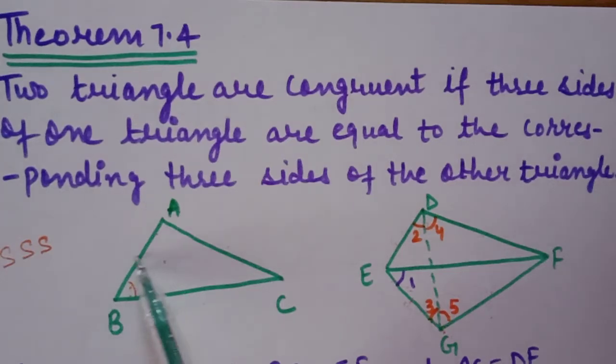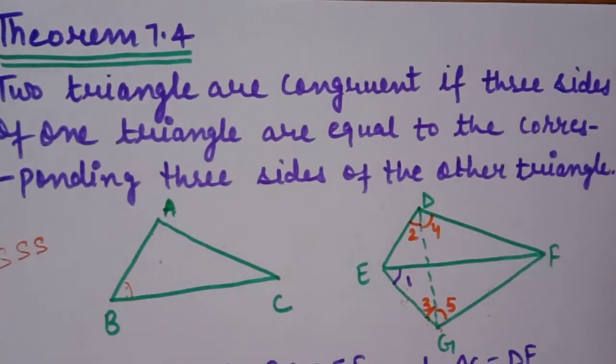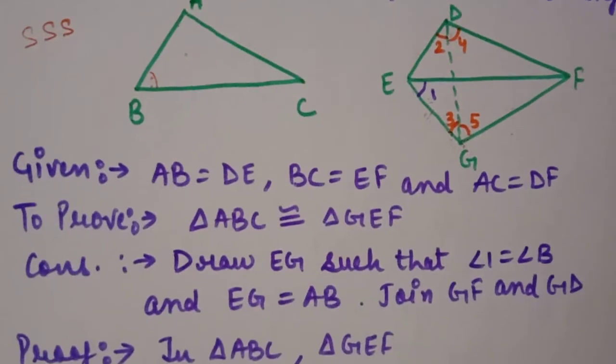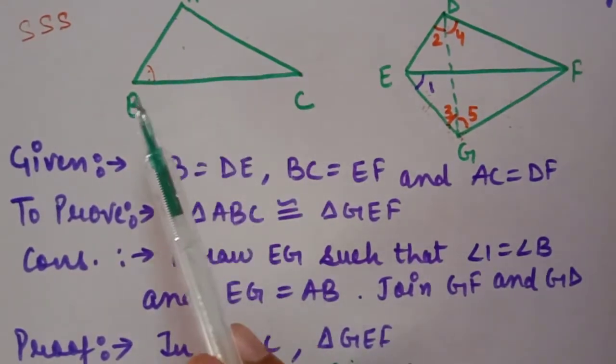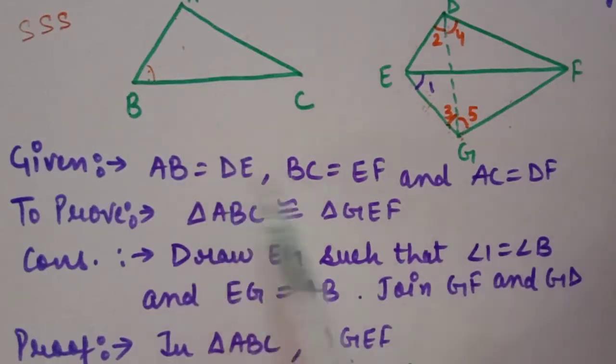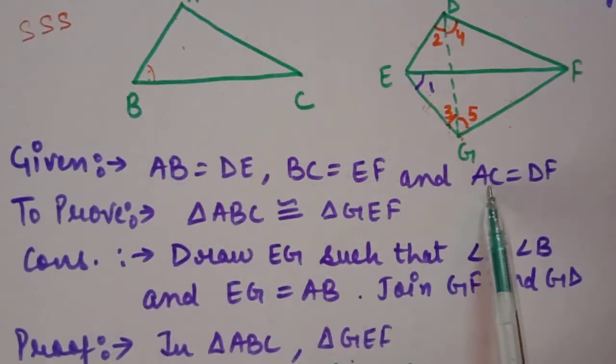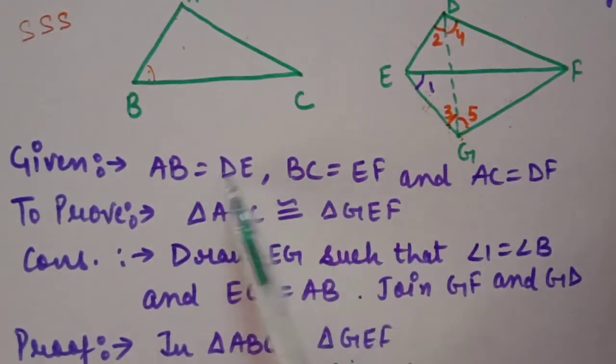Side AB is equal to DE, side AC is equal to DF and side BC is equal to EF. It is given in this triangle. So students, similarly in your theorem 7.1, we have three elements but we can't use them directly. We use only two elements.